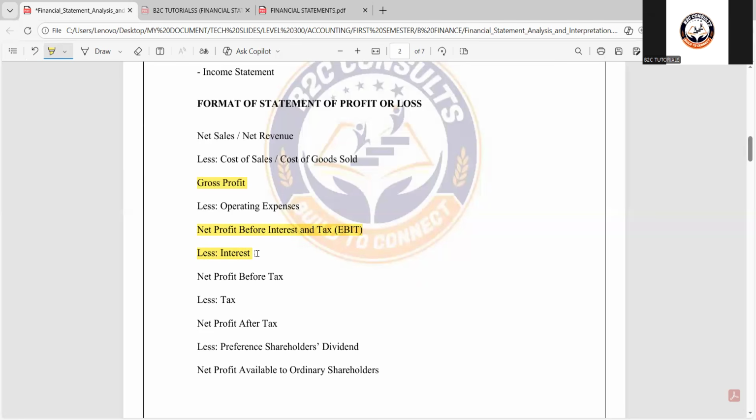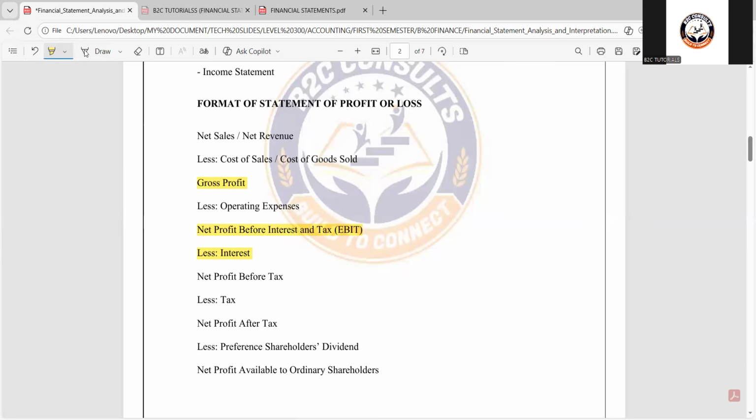Now, all these types of loans that you take and you are paying interest on is what we treat here. Initially, we used to treat it under operating expenses. But with the recent changes in the IAS, the International Accounting Standards, we don't treat it in operating expenses again. Now it is being treated after you have arrived at your net profit before interest and tax.